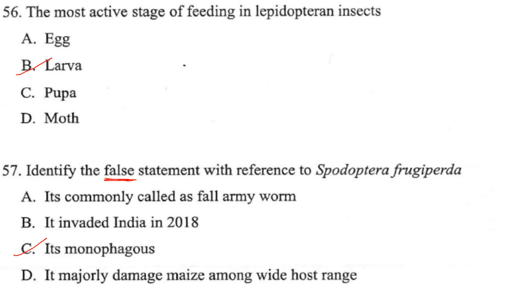Monophagous are defined as those feeding on one or more plant species within a genus. That is called monophagous. But here this particular Spodoptera is polyphagous. So, answer here is option C. They have asked which is the false statement.